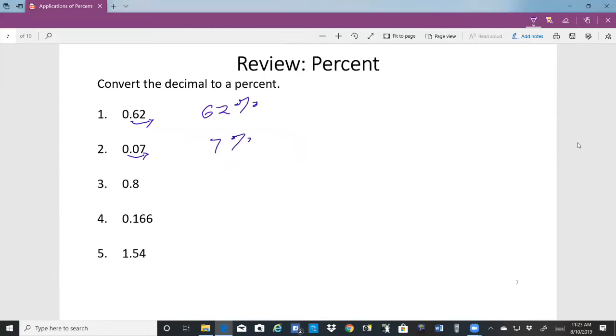For 0.8, you can put another 0 here, move it over 2 places, and you get 80%. And for 0.166, move it over 2 places, and you get 16.6%. And for 1.54, move it over 2 places, and you get 154%.